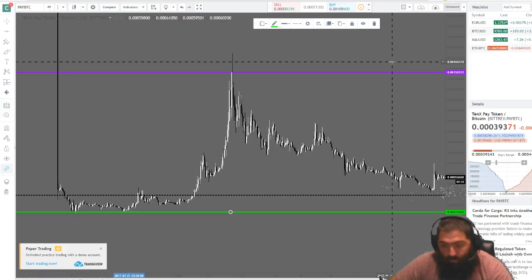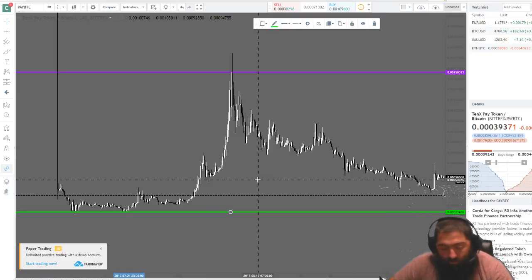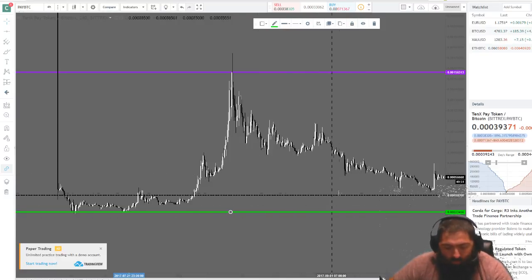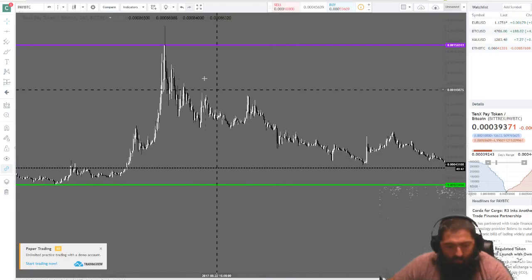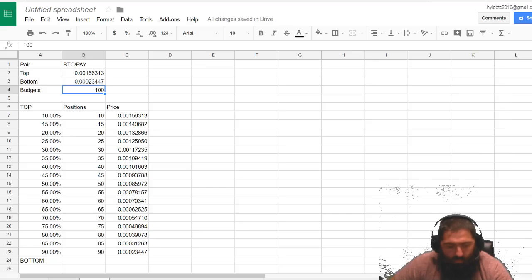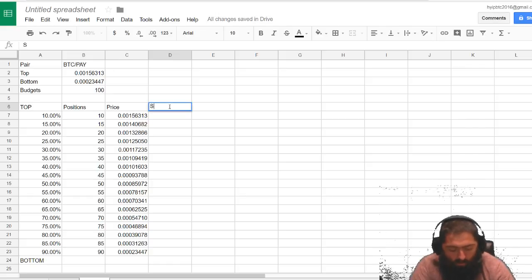Sometimes miracles happen and the chart actually lines up with the spreadsheet. Most of the time it doesn't. So what we're doing is now we're going to do the same thing. We have our numbers in our spreadsheet of where it should be. We just want to match up and do support lines, support resistance lines.